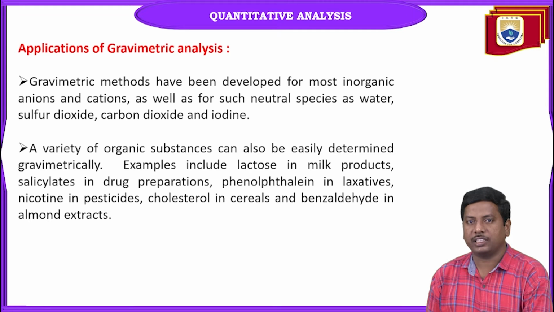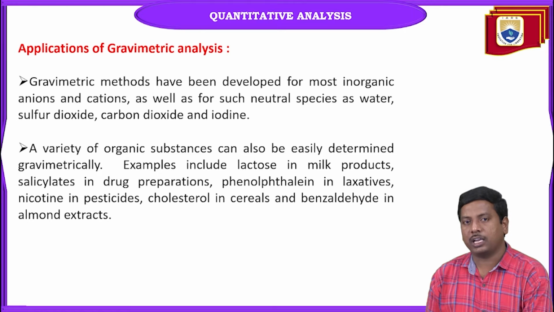Cations like nickel and zinc are determined by gravimetric analysis, whereas anions include the determination of chloride ions, especially in precipitation reactions, and the determination of halogen compounds.